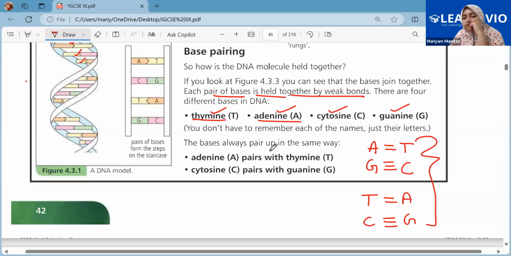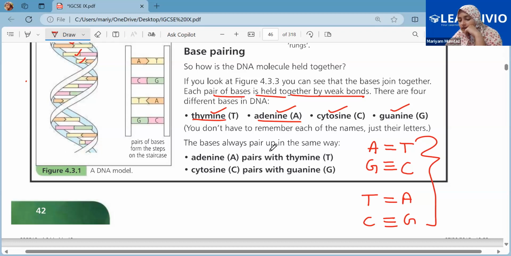G will always pair up with C. It's the same for all of them. But remember that between A and T there are two hydrogen bonds, and between G and C there are three hydrogen bonds. Clear? Okay. Any doubts up until now?